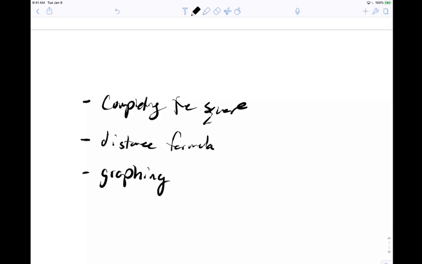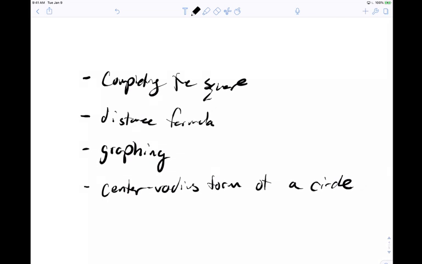We also did the center radius form of a circle. So these are the underlying concepts in the question that was given. You want to be sure that you're proficient in these. What else? I think that's it.